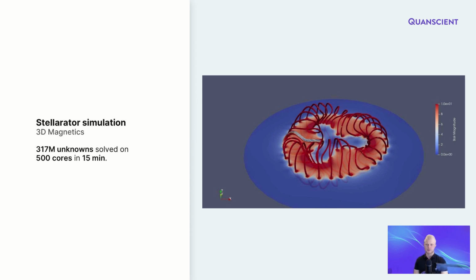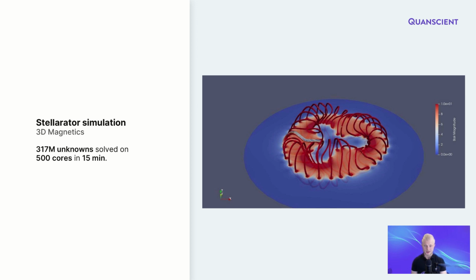Here is another example from superconductors. Here's a full-scale nuclear stellarator simulation, also 3D magnetics, with 317 million unknowns, which was solved using 500 cores in just 15 minutes. We actually have a full webinar where we cover the superconductor topic.